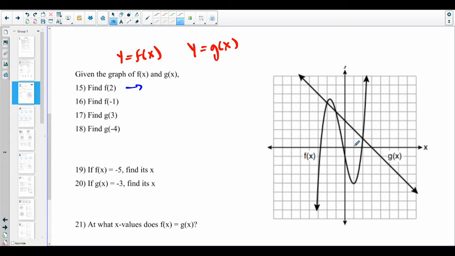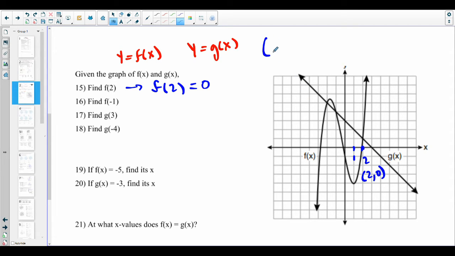So we go over to 2, and it looks like the function f is actually crossing through the x-axis there, right? So this point would be (2, 0). So we say f of 2 equals 0.